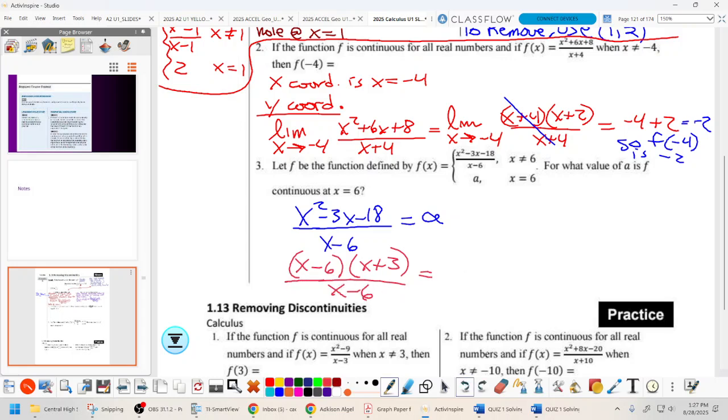That is an ugly expression. Okay, so we end up with just x plus 3 equals a. And now we can plug in 6 because we're not worried about it being broken. So if a is 9, then that's the y value that makes that work. Now, could that be another function? Like, could this say 3a plus 2 or something? Yeah? Just know that it's not always going to be a single letter.